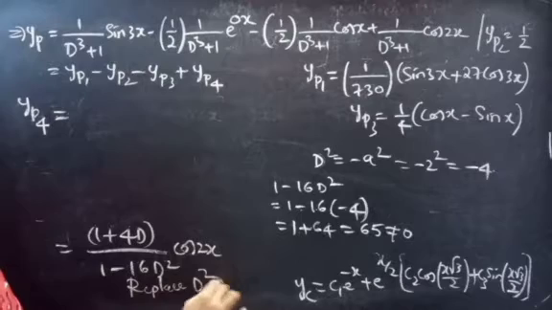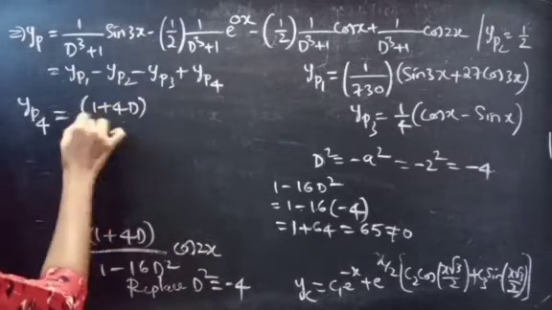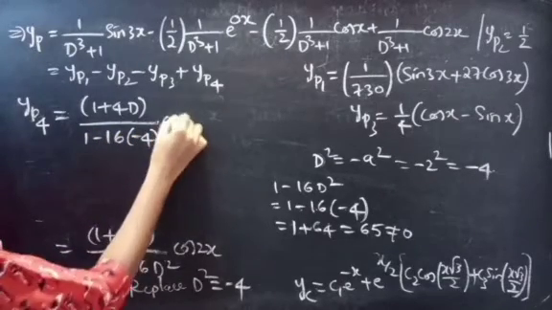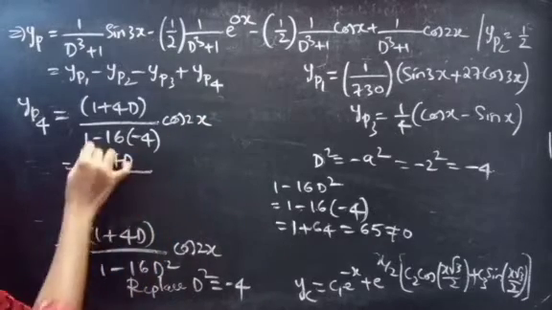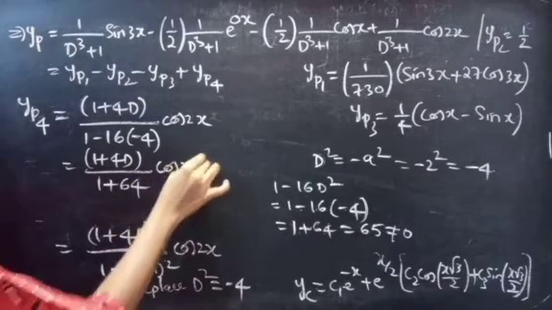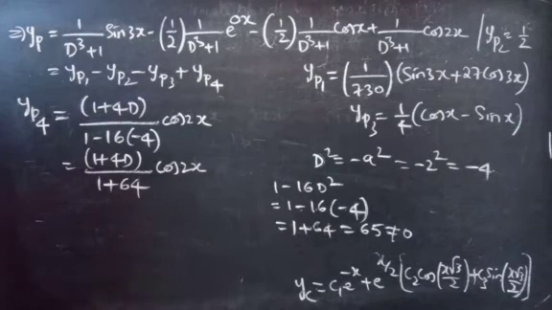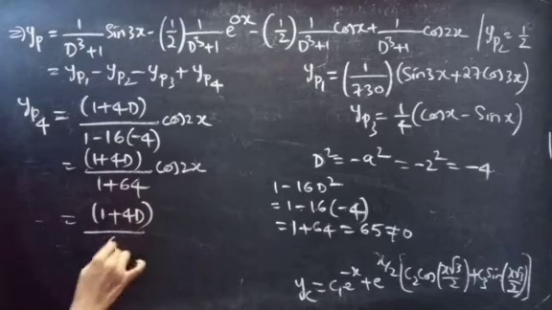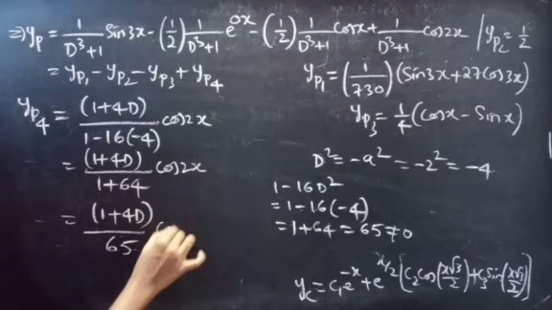Replace d square by minus 4, then this becomes 1 plus 4d by 1 minus 16 into minus 4 into cos 2x, which equals 1 plus 4d by 1 plus 64 cos 2x, and you get 1 plus 4d by 65 into cos 2x.